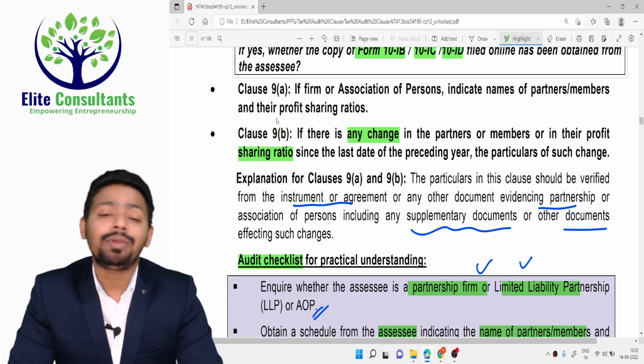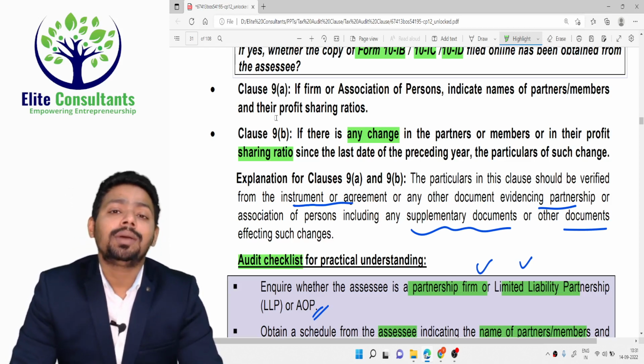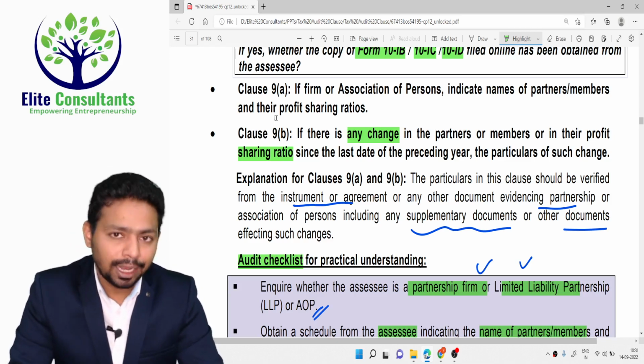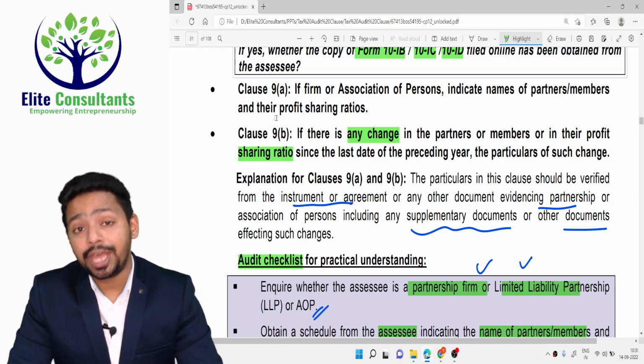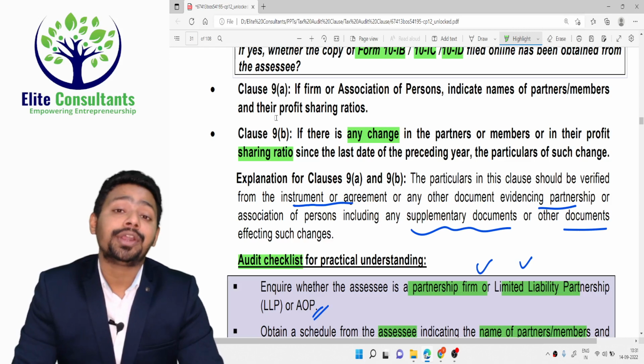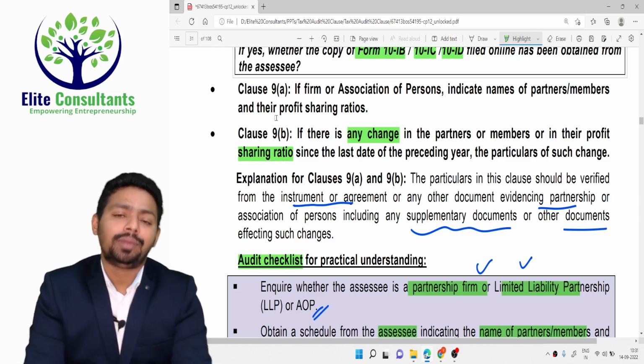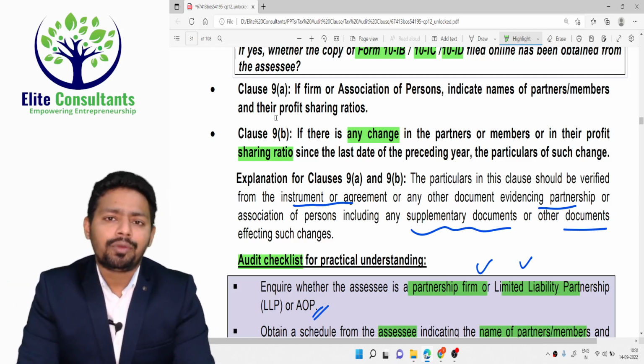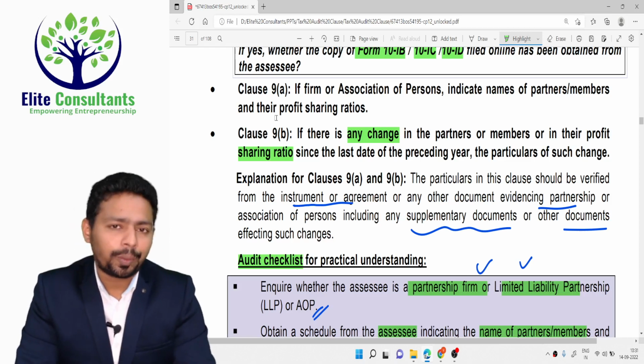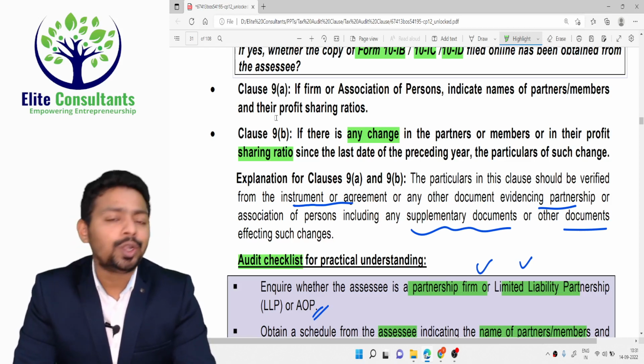Their personal assets will not be attached if tomorrow some default happens in the LLP and it was not due to their own negligence, so they can be relieved from the gross liability of the firm. So nowadays a lot of LLPs are being incorporated, and I also run 2 LLPs.